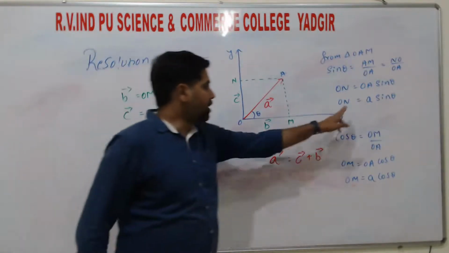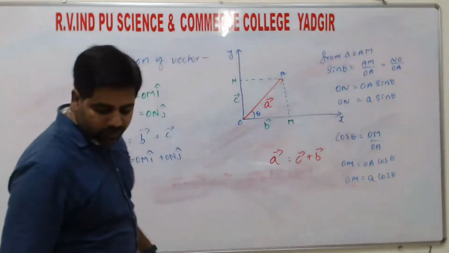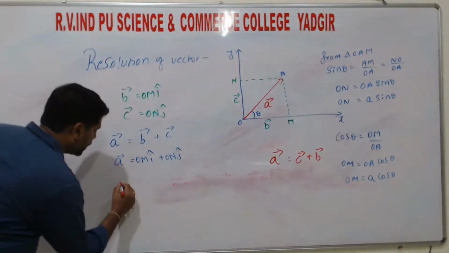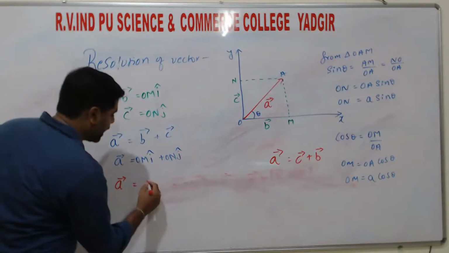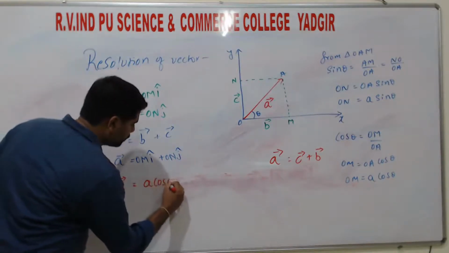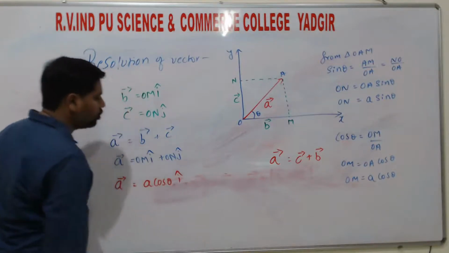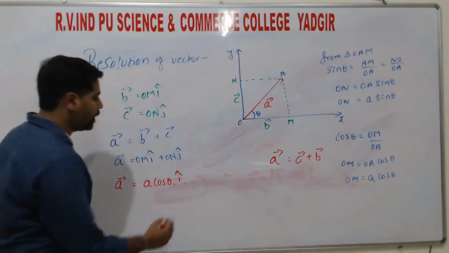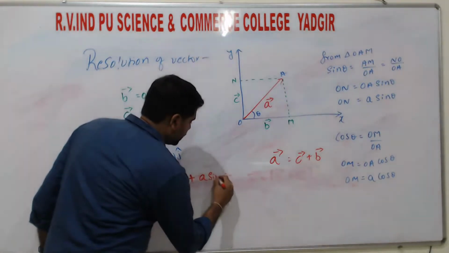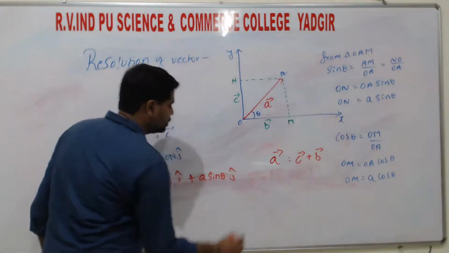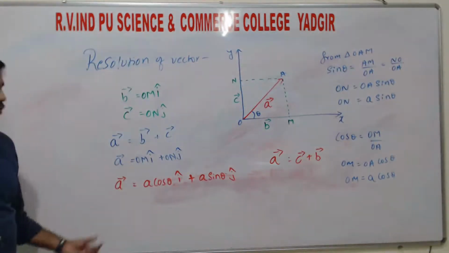Now we have the values of ON and OM. Substituting here, vector A is equal to A cos theta into i cap plus A sin theta into j cap.